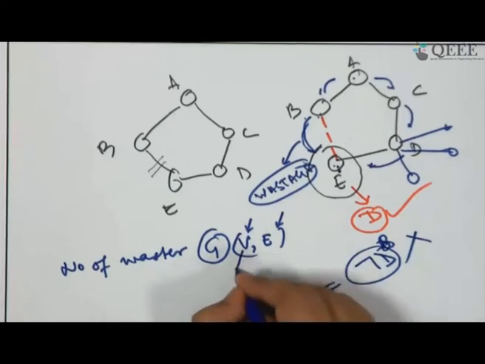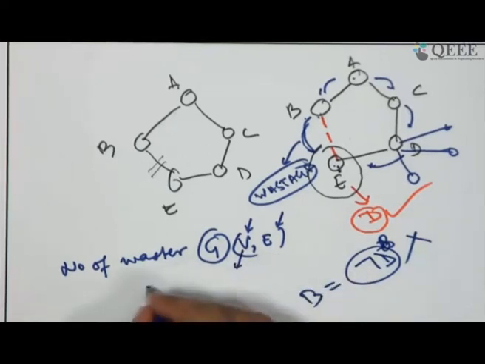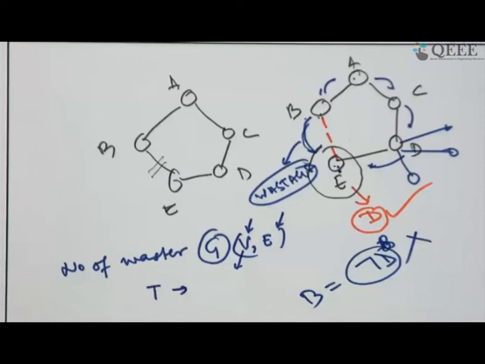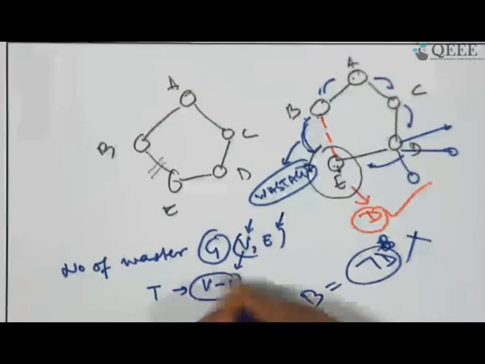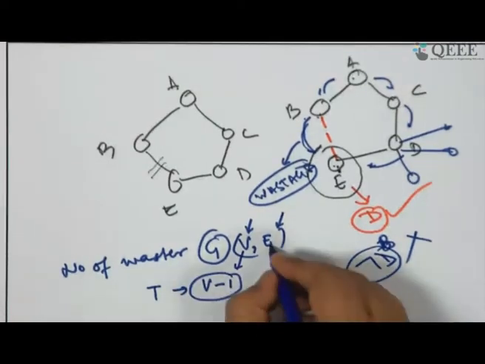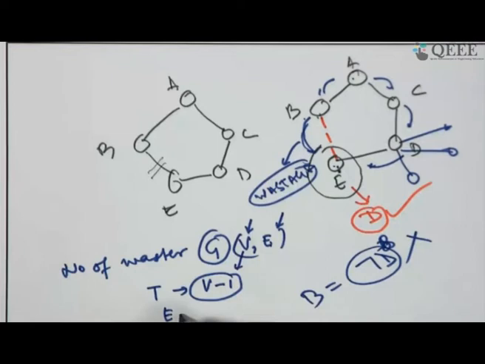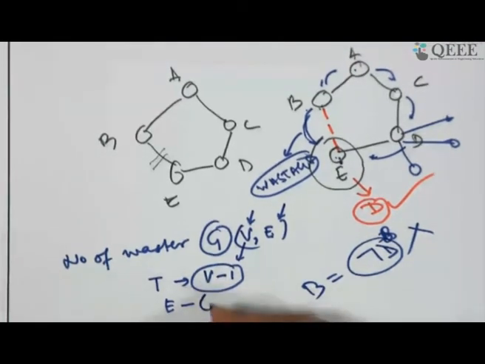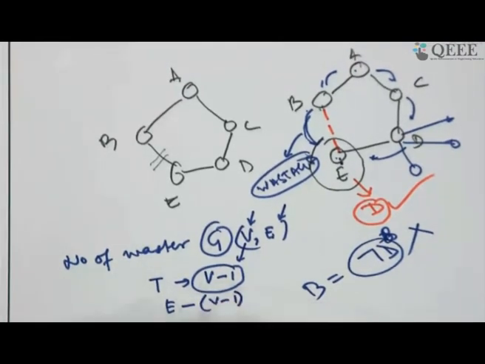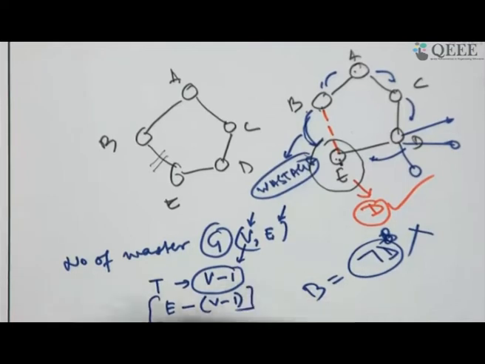If I build a tree on V nodes, how many edges will there be? It will be V minus 1. If it's a tree, it is V minus 1, and there are E edges. So the maximum wastage can be E minus (V minus 1).